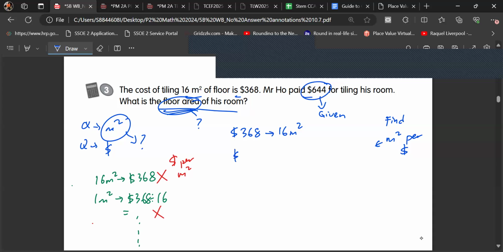So I'm asking $1 is how much? Thank you, Ryan. Square meters. Then from here, I'm given $644. So 16 out of 368 times 644. Press the calculator, you'll get the square meter.